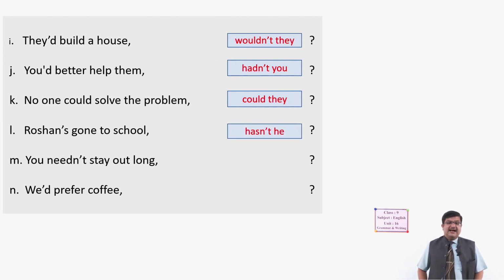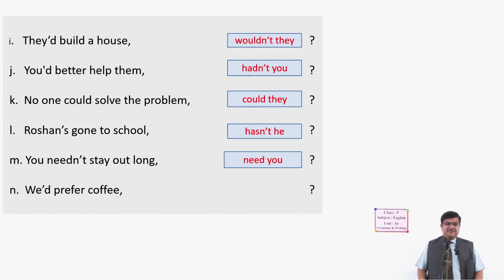So we have hasn't he. M, you need not stay out long. You might guess there is an auxiliary, need. So the statement is negative in form with need not, so the tag must be affirmative. So what is your guess? Excellent. Need you is the right answer.